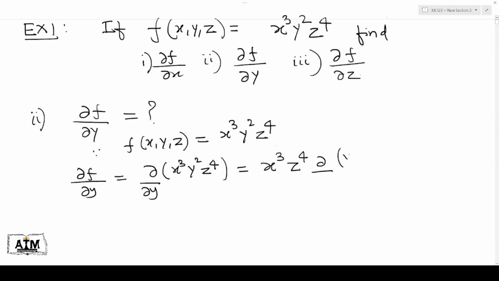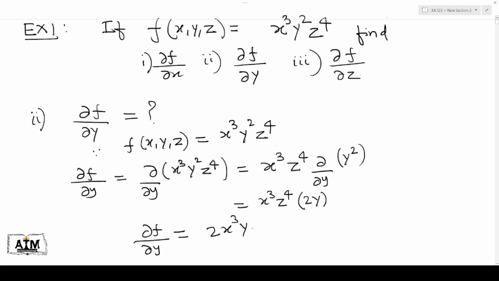So the partial differentiation of y square with respect to y equals x cube z raised to 4 times the derivative of y square, which is 2y. Therefore, the partial differentiation of f with respect to y equals 2x cube y z raised to 4.